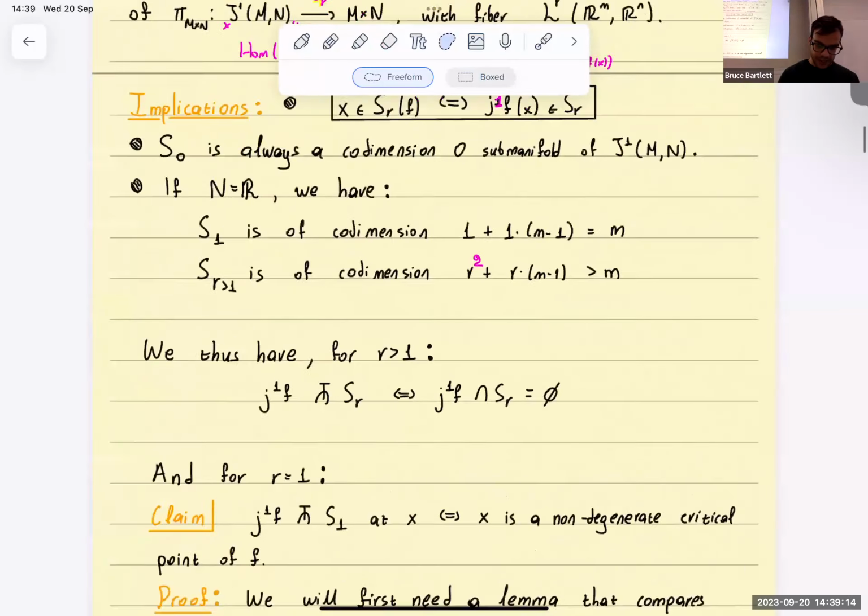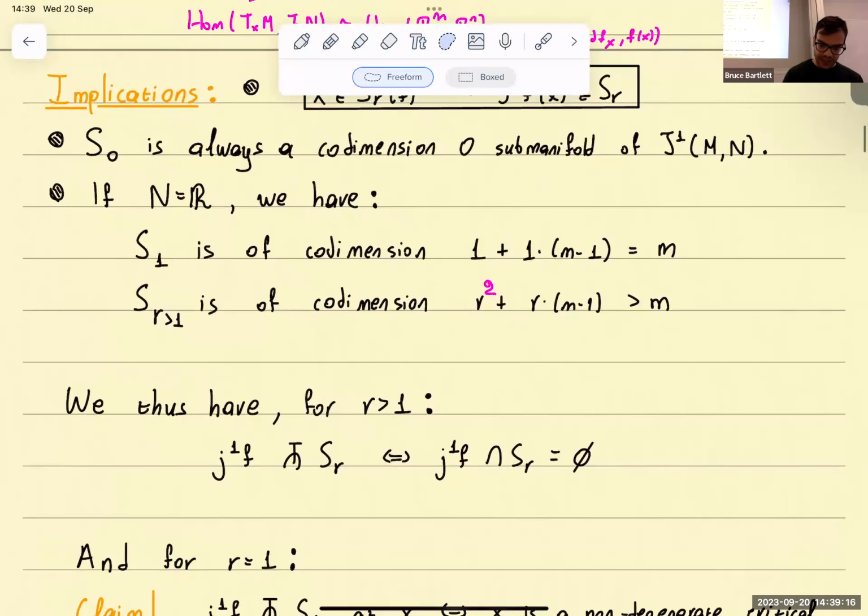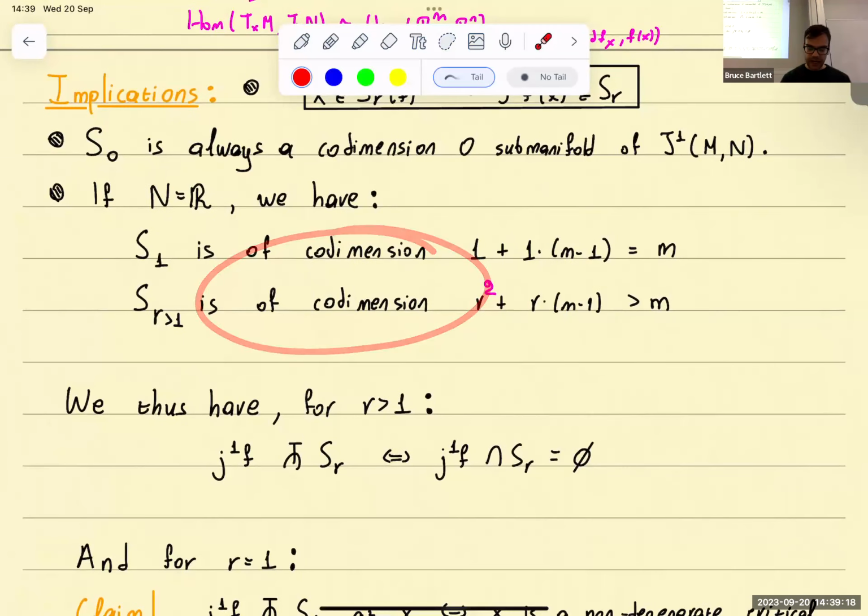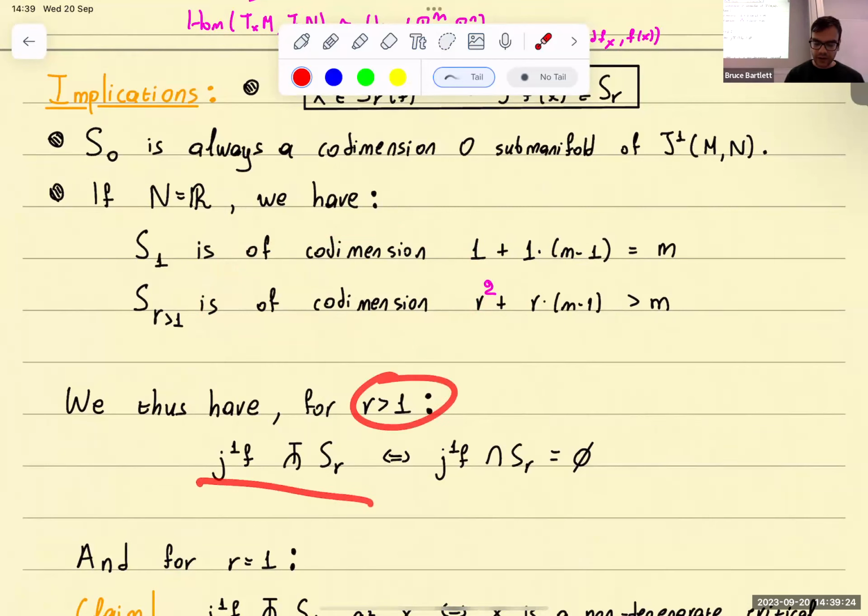Basically what I deduce from that is, if my first jet section of F intersects SR transversally and R is greater than 1, that means it must intersect SR vacuously.